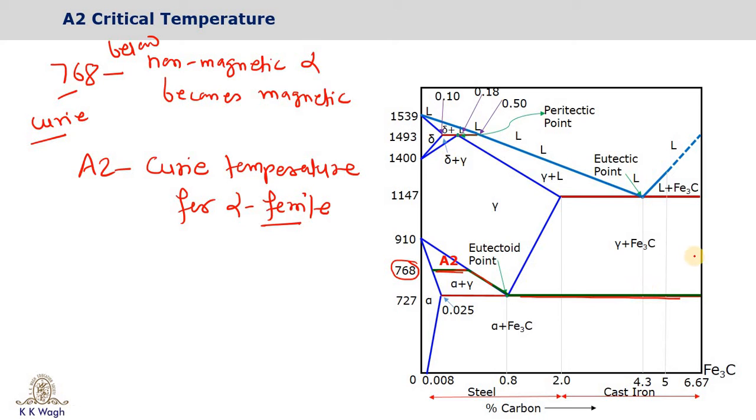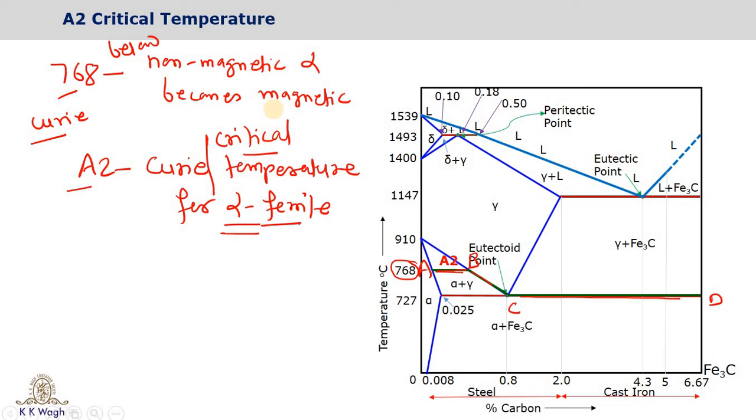Now, the loss of this magnetism will continue from point D to C, C to B and B to A. So these green lines are called the A2 critical temperature lines for the alpha ferrite. It can be called the Curie temperature or the critical temperature.